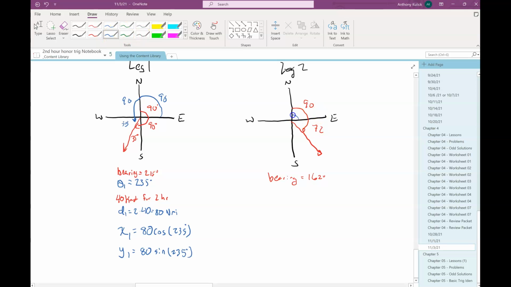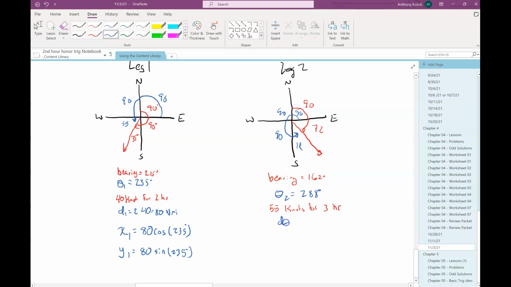So our standard position angle should be 90, 90, 90, and then 18. And on this leg, we're going 55 knots for 3 hours.